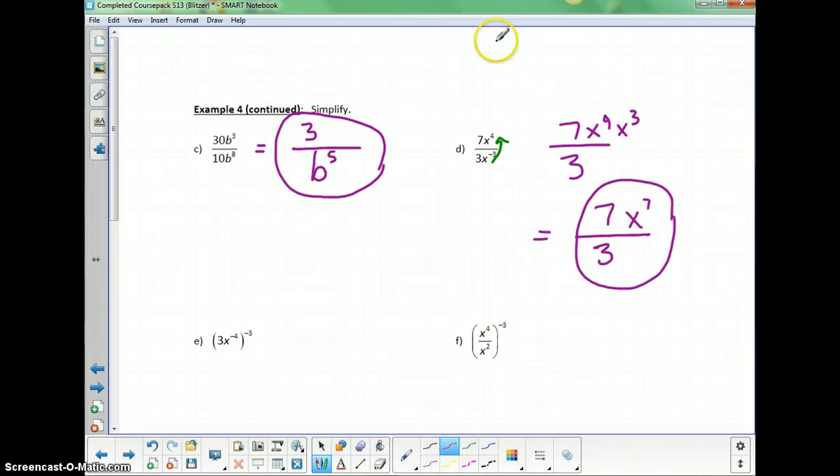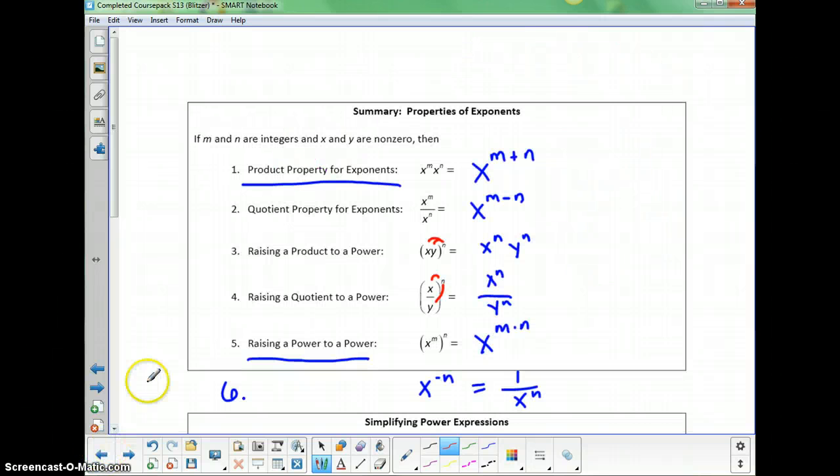Now notice that I could have done it in one step using the subtraction property, that if I took x to the 4th minus the negative 3rd, I would get x to the 7th power. Which is what I did end up getting. I just did it in 2 steps rather than 1. So it's definitely possible and very probable that you can use different properties in different orders, and you'll arrive at the same answer depending on what property you start with first. So you might not start with the same property that I had chosen to start with. That's fine. You'll still arrive at the same answer.